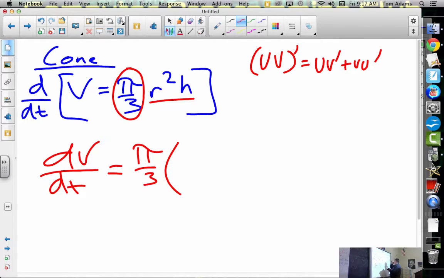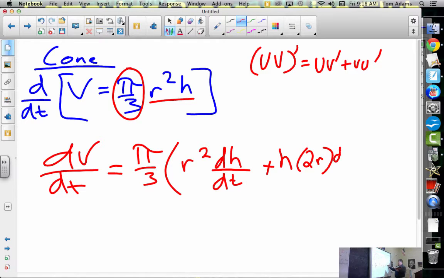So this is the weird thing. Basically what I'm going to do is say r squared times the derivative of h, which is just 1, but I have to tack on dh/dt, because we're taking the derivative of h with respect to t, plus, now I'm going to say h times the derivative of r squared, which is just 2r, but I have to tack on the derivative with respect to t, which is dr/dt.